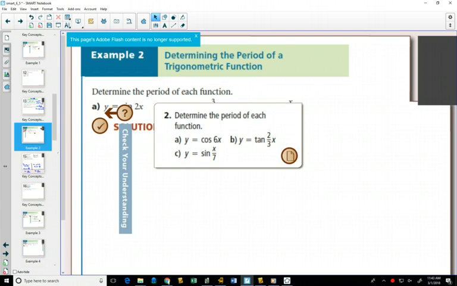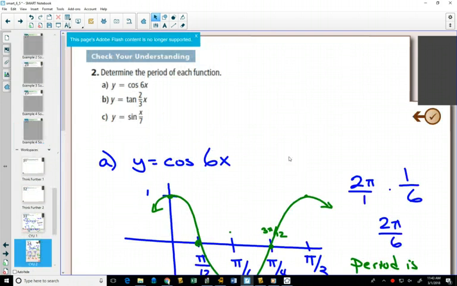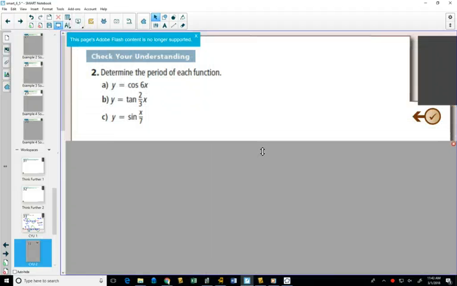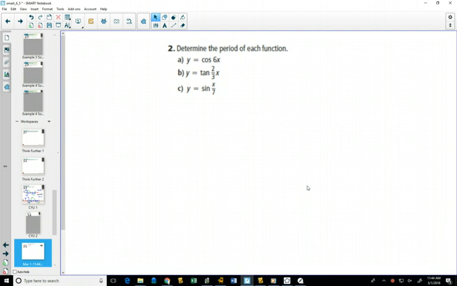Example 2 looks at what happens to the period of each function. So again, what we're going to do is graph these functions and look at what happens to them. If we wanted to determine the period of each thing here, we would say, in my transformations unit, what happens when there's a number inside the function?